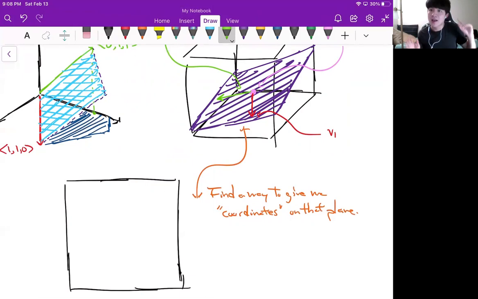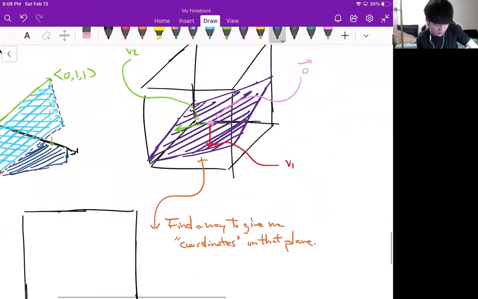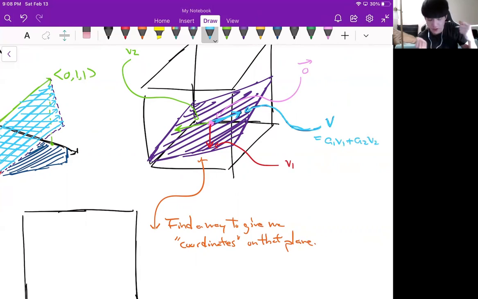Okay, that's great. Then I can write every point. The idea is to say, here's a random V. Let's use a brighter color so you can actually see. There, that's V. So you have this vector V, which is some linear combination of V1 and V2.